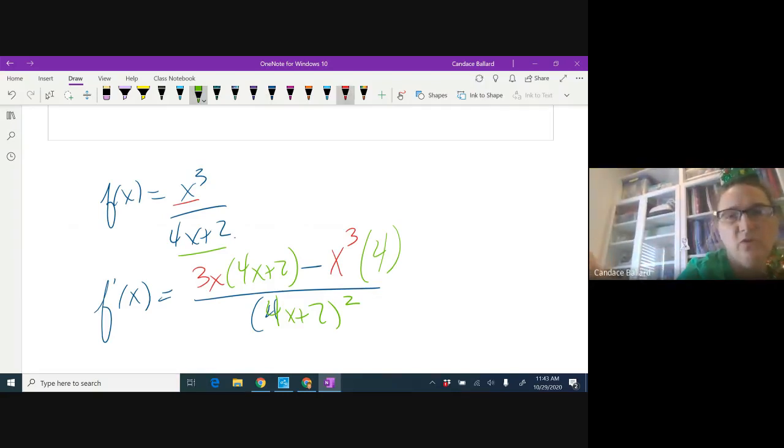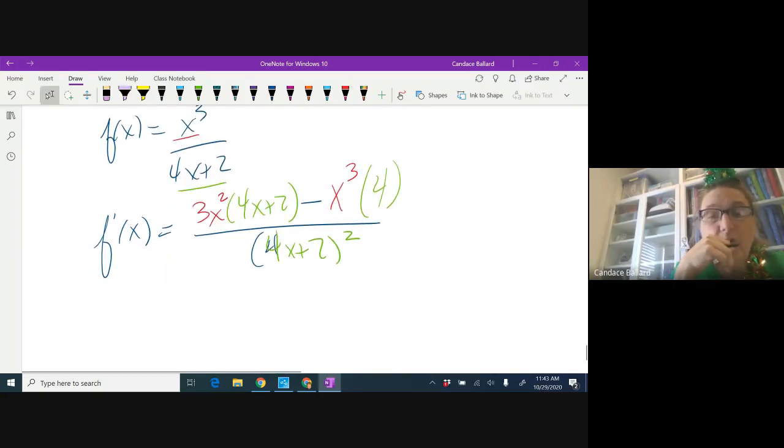It wouldn't change my final answer in this case because of what I'm plugging in. So I would not simplify my algebra, because it's a lot easier to just plug in your x value.